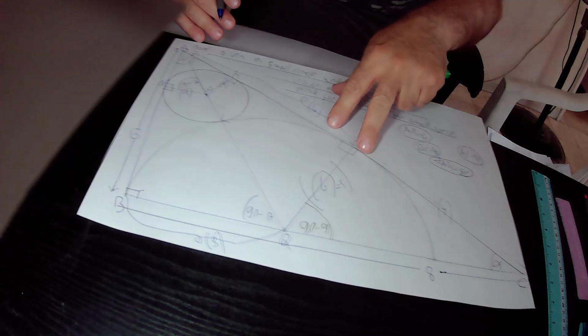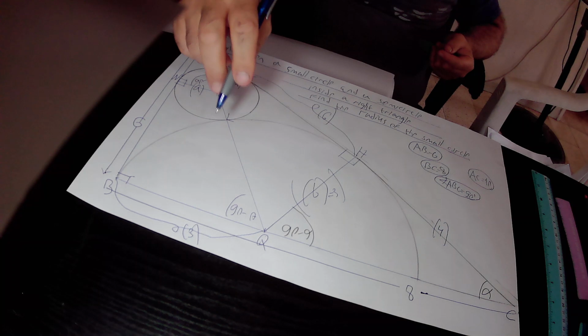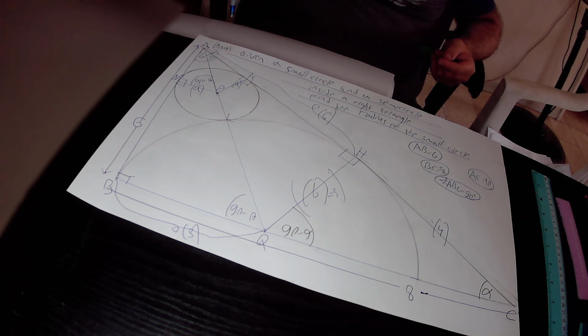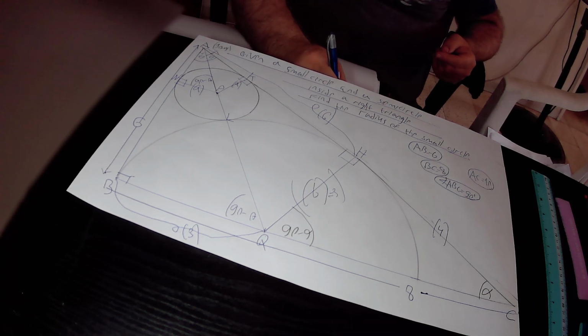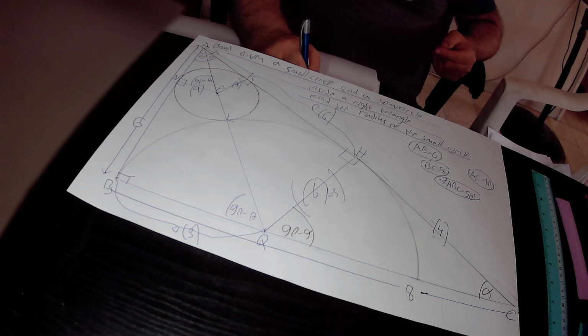In the next step, we prove that the right big triangle ABQ is similar to this small right triangle AP. So I write it down. We prove that the right big triangle ABQ is similar to this small right triangle AP.